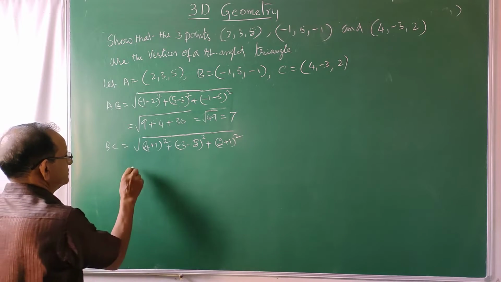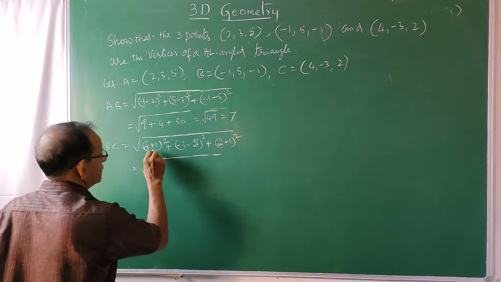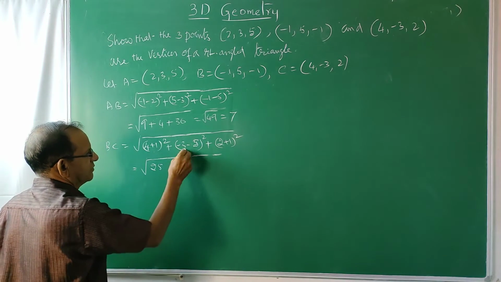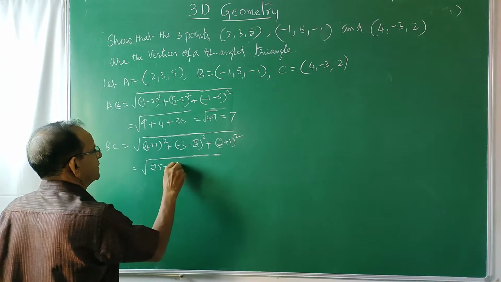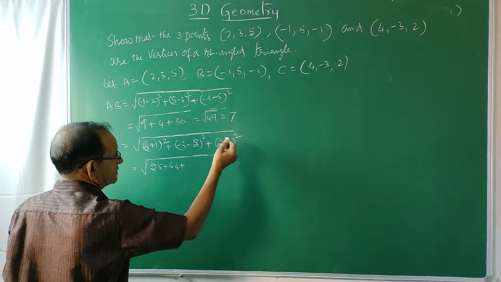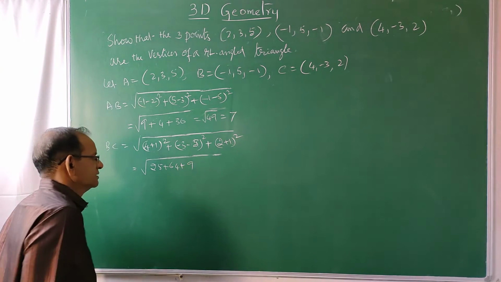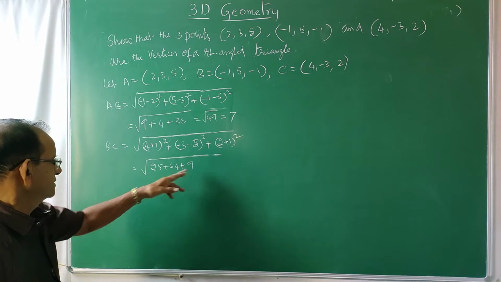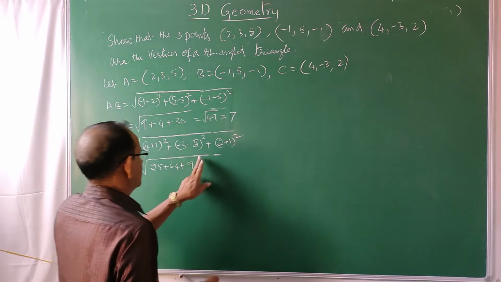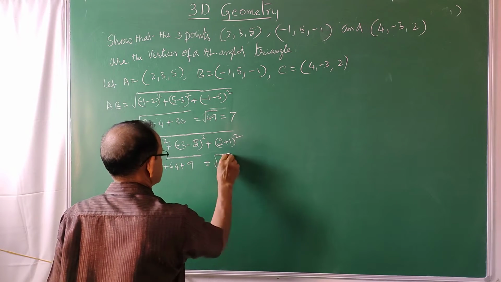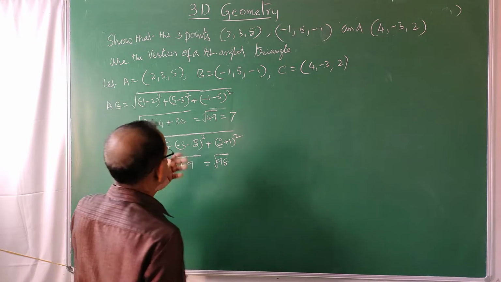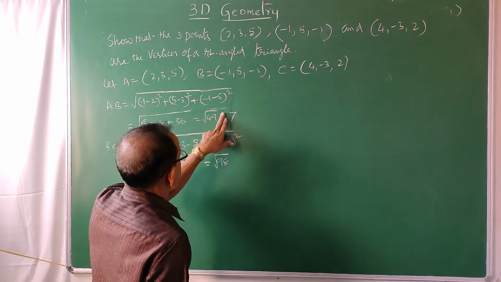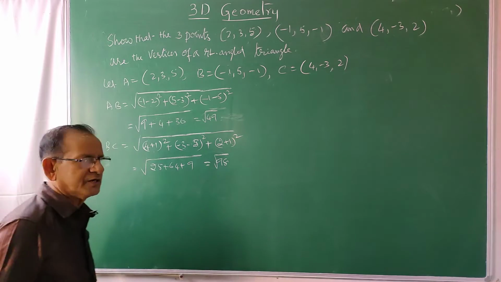That is equal to 5 square 25, -3 minus 5 -8 whole square is +64, and the last one is 2 plus 1, 3 square means 9. So 25 plus 64 plus 9, 98, root 98. Or else, because anyhow we have to find out squares only, you need not write the square root also.